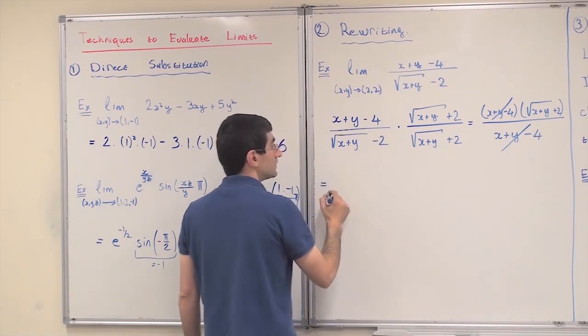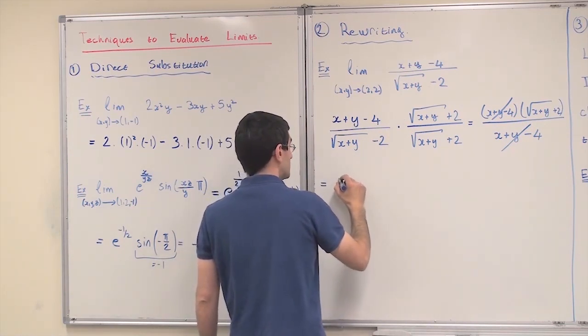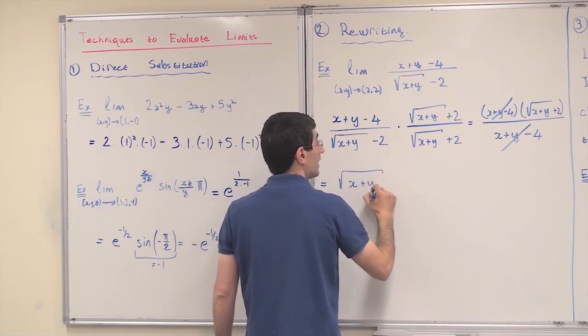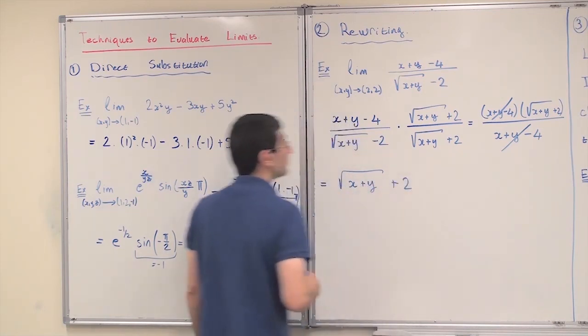So after rewriting, my function becomes square root of x plus y plus 2.